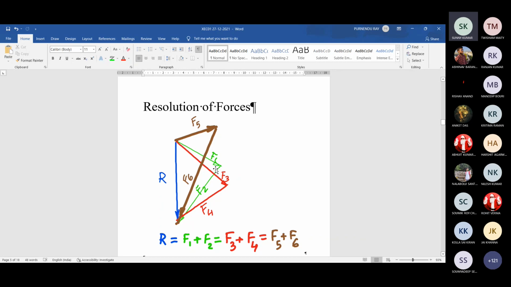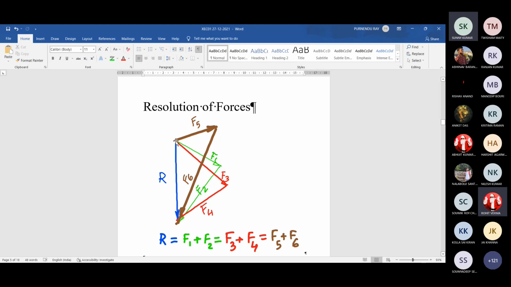There must be some suitable scale. Suppose 1 centimeter represents 100 Newton, etc. So if it is 5.5 centimeter, 7 centimeter, and somehow 8 centimeter, then this is 550, this is 700, and this is 800 Newton. In that way. But from your school syllabus, the property of this triangle, can you remember the sine law?